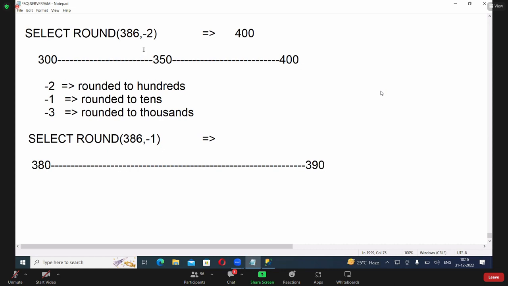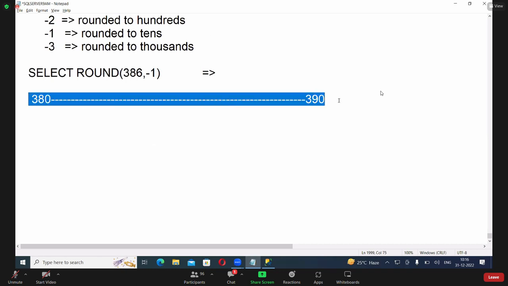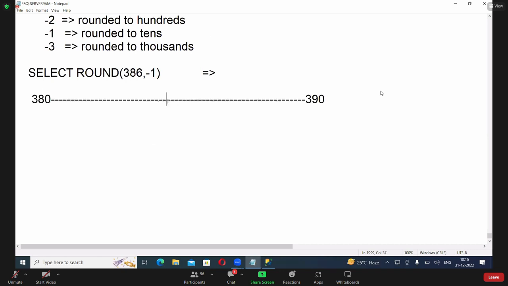Earlier you said minus 2, and minus 2 means hundreds, so consider 100: this number is between 300 and 400. Now consider tens: this number is between 380 and 390. What is the average? 385. Is this below average or above average? Above average, so it is rounded to the highest, which is 390. That's all.